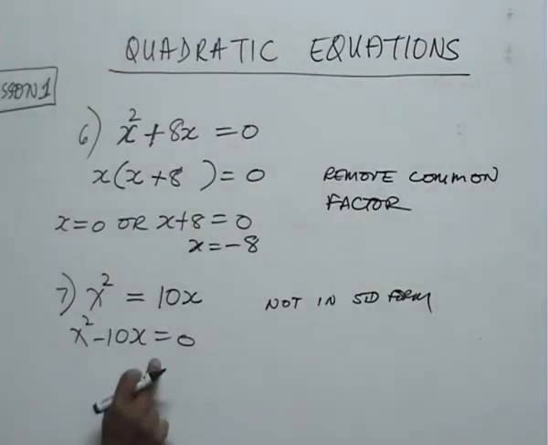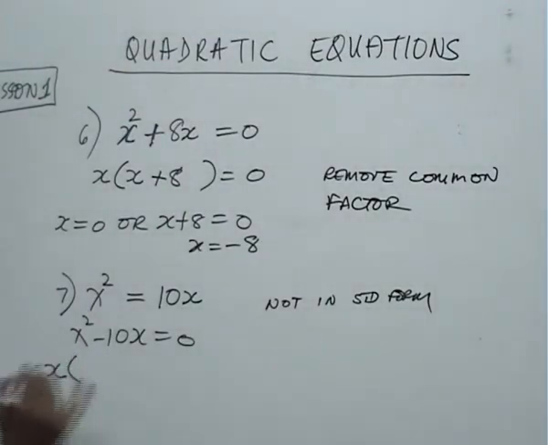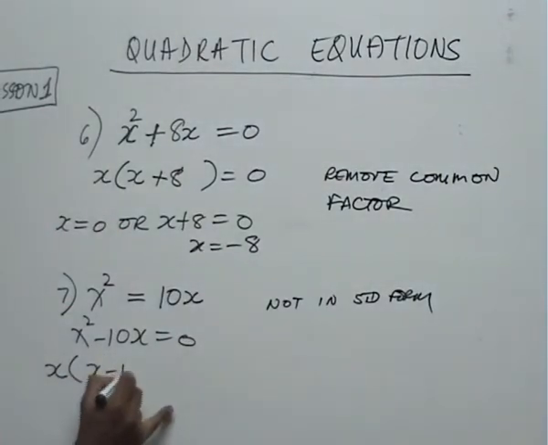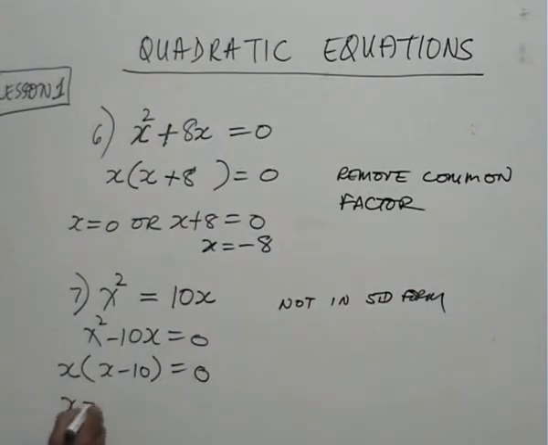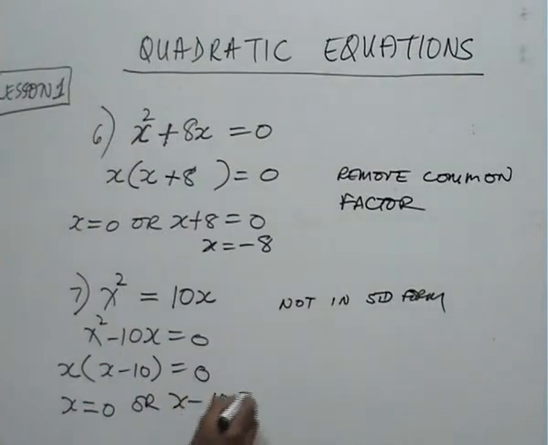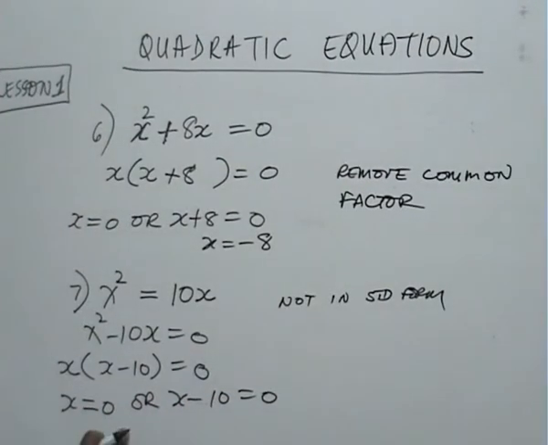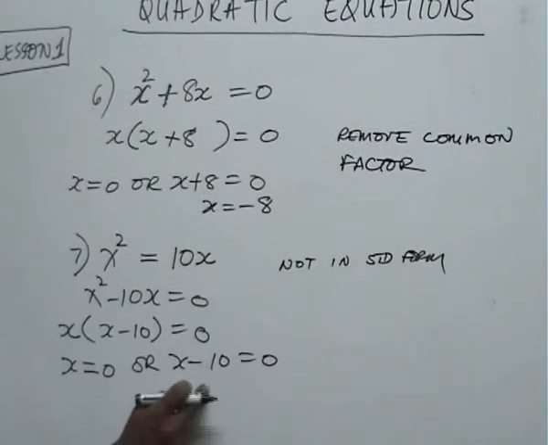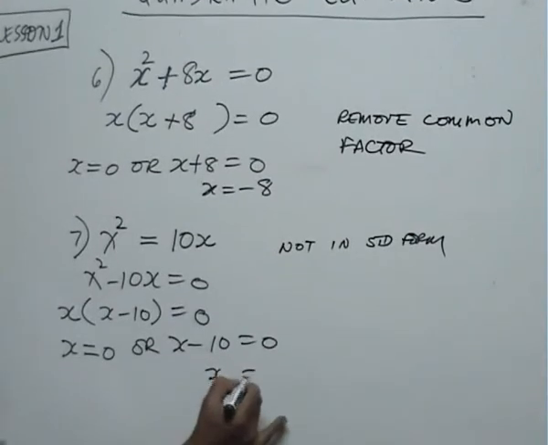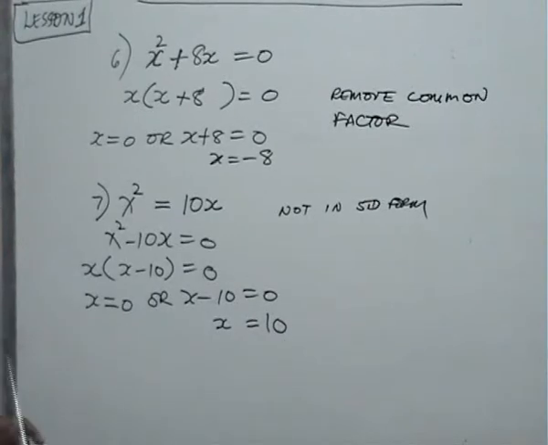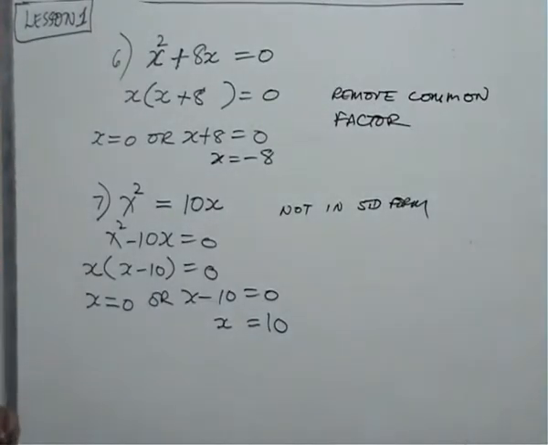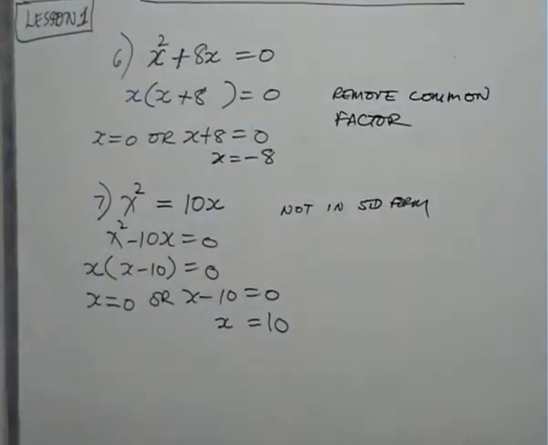Now when I look at it here, I'm going to remove common factor. x into x minus 10 is equal to 0. And now each factor, x is equal to 0 or x minus 10 is equal to 0. This one is done, it's completed. Only here you have to continue. x is equal to 10. Minus 10, when it goes across, becomes plus 10. So that's number 6 and 7.